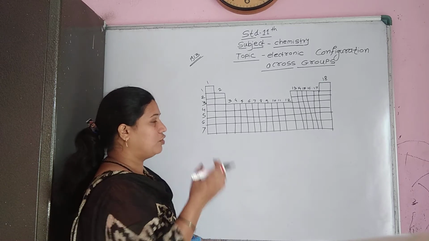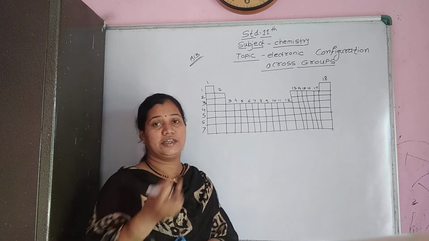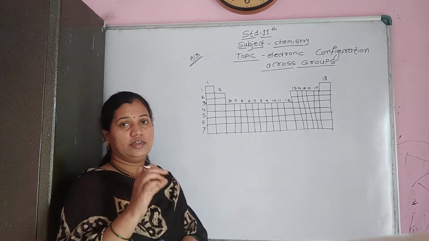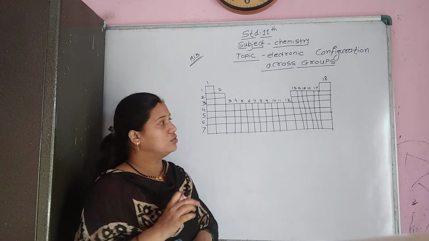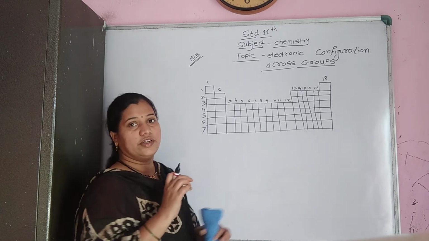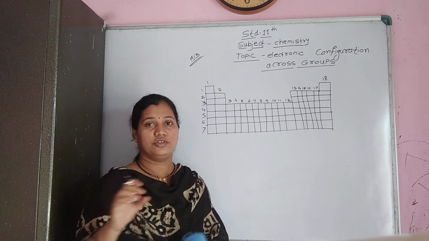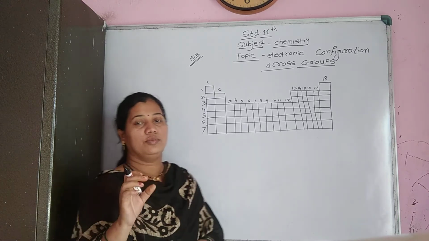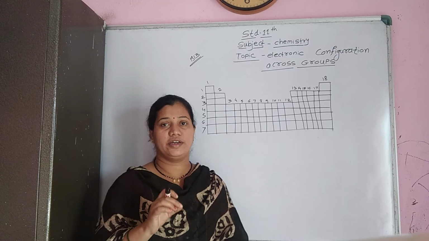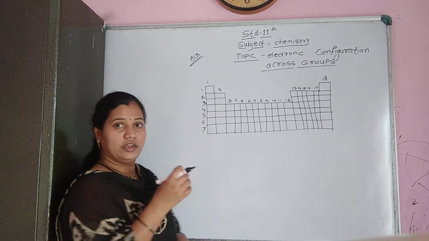As with every formula or general rule, when a repetition occurs, the general rule is determined from that repetition. So here also we observe that the general electronic configuration is the same within particular groups.